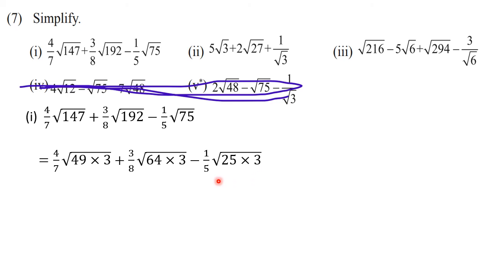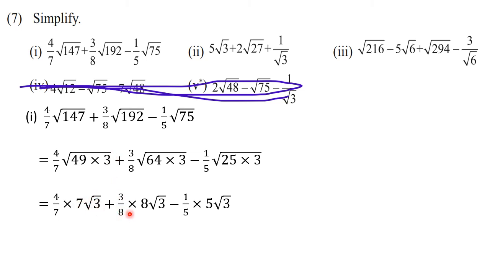Got it? Now see, 49 is a perfect square of 7. That will come out. 64 is a perfect square of 8. So 8 will come out. And 25 is a perfect square of 5. So in the next step, we can write it like this. 4 upon 7 as it is, into 49 is the square of 7, so write the square root outside, that is 7, and then root 3 as it is.